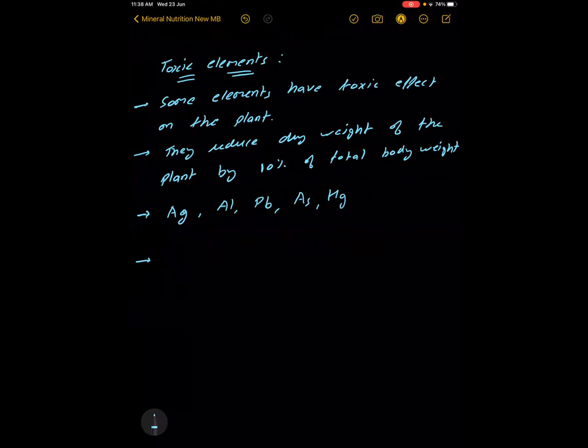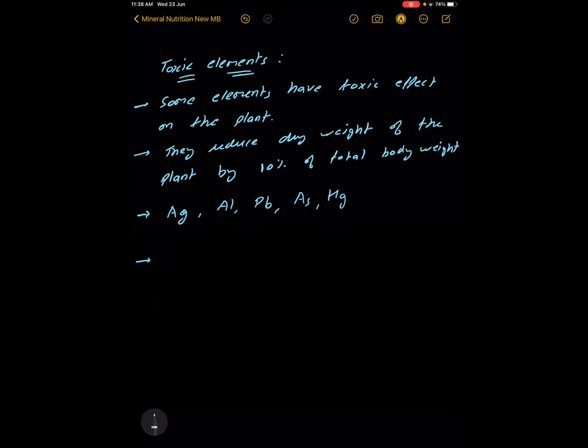If it is in higher concentration in the plant, it becomes toxic, and this is reported mostly in the case of manganese. Toxic means it impairs the absorption of iron, magnesium, and calcium, so indirectly the plant experiences deficiency of iron, magnesium, and calcium also.